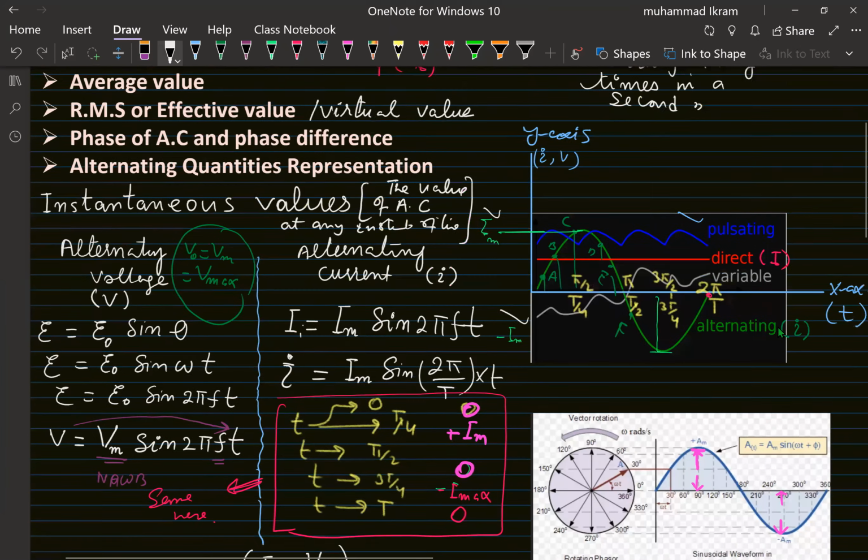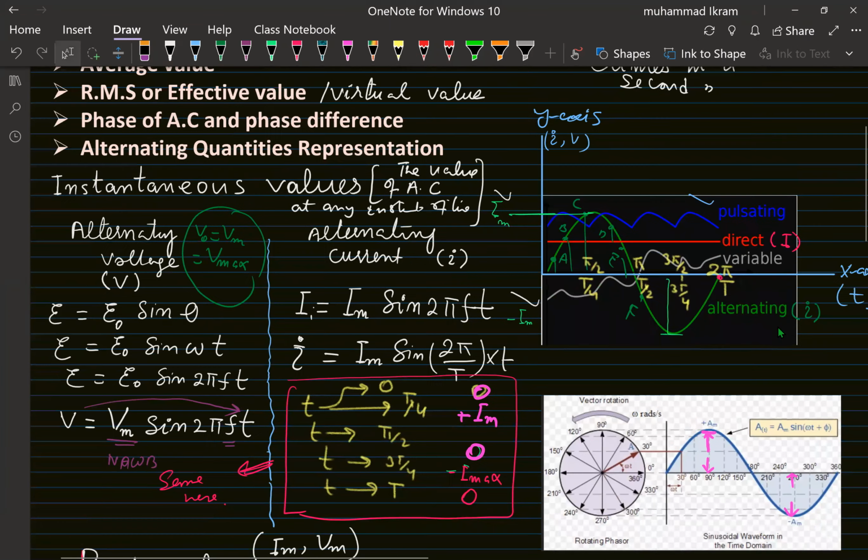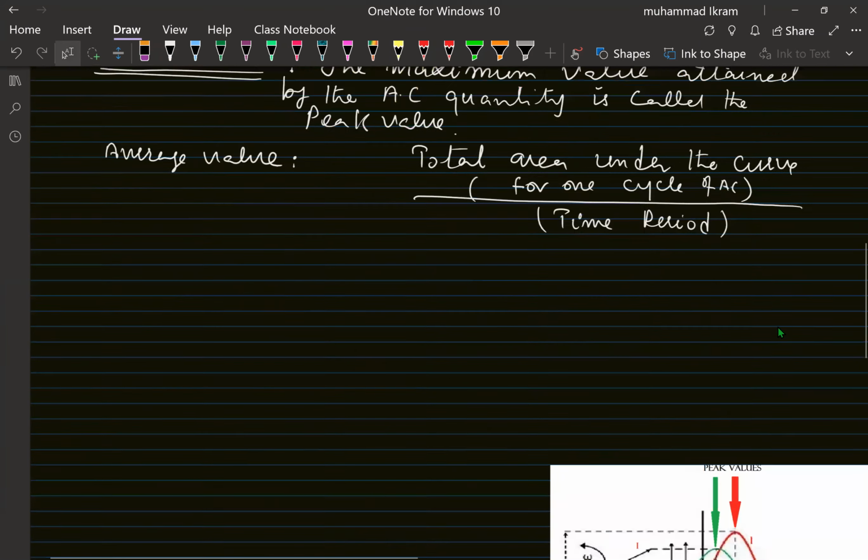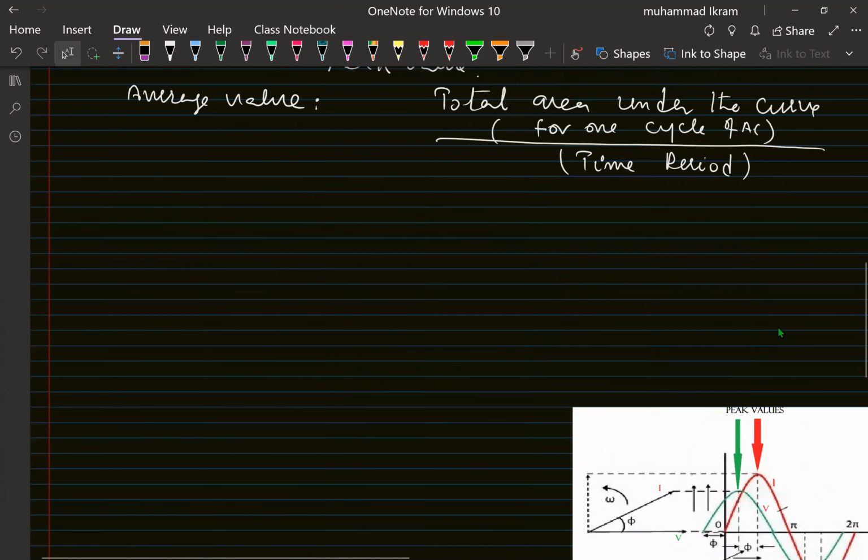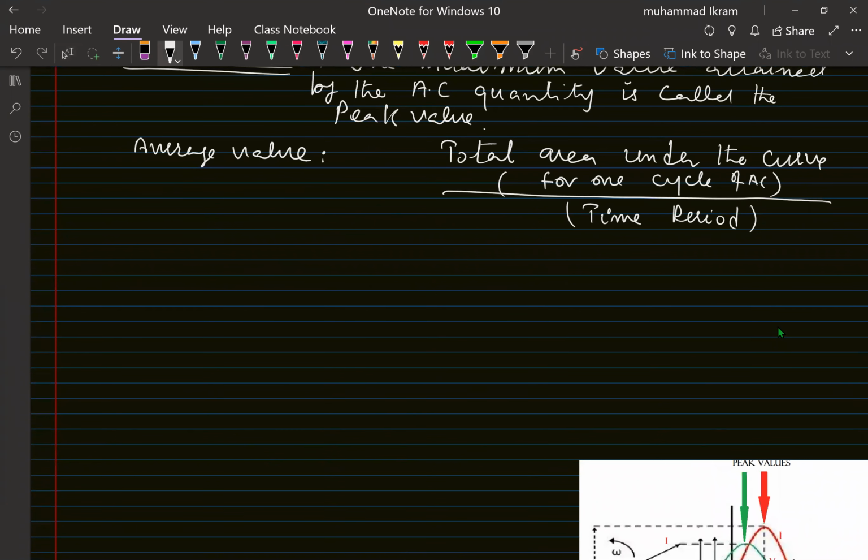Now the next one is the most important one, the RMS, or the effective value, or the virtual value, and here we will focus on it.